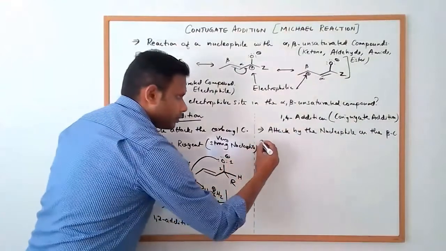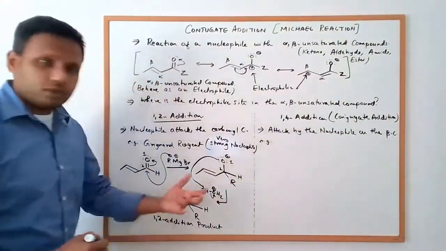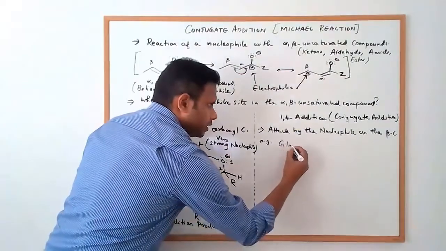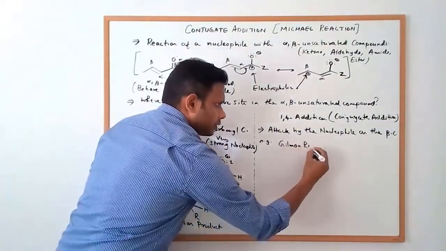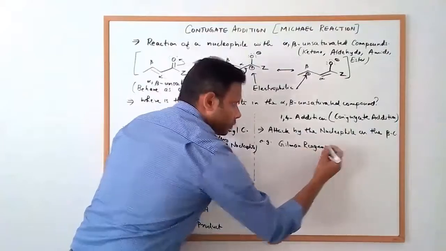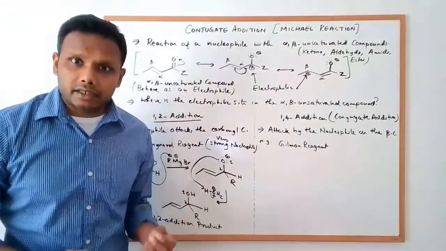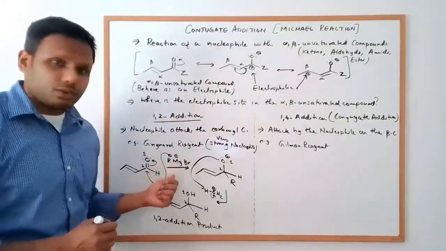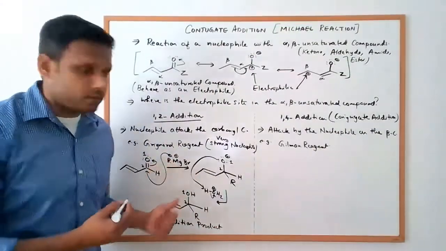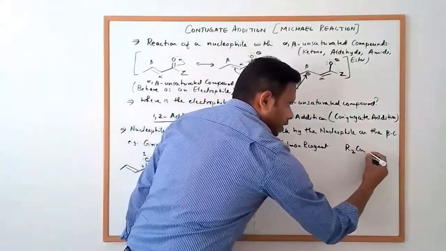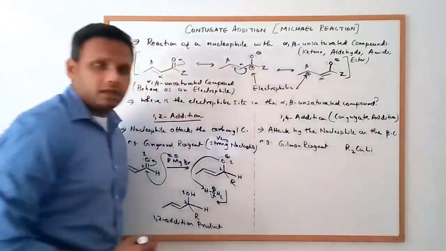A good example of a nucleophile that would do this is a Gilman reagent. Gilman reagents, recollect, are organometallic reagents similar to Grignard reagents. These are copper-based, R2CuLi.